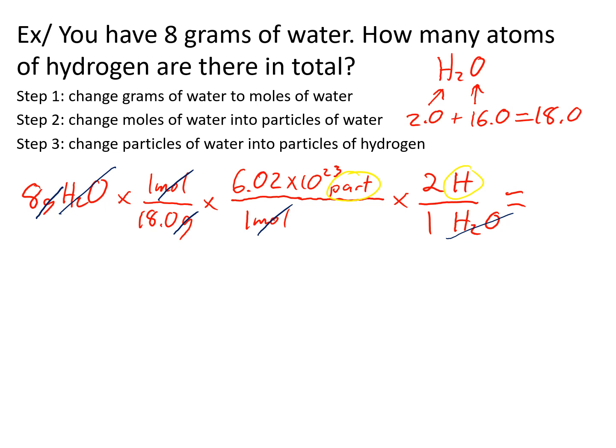So I'm going to type this into my calculator. 8 divided by 18 times 6.02 times 10 to the 23, and then times 2. I get 5.35 times 10 to the 23.